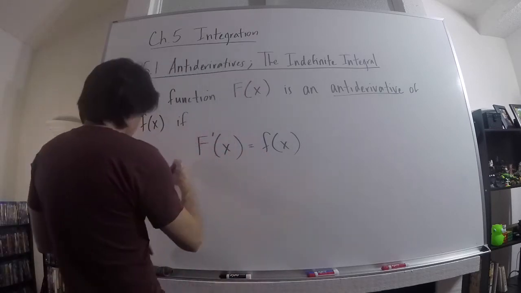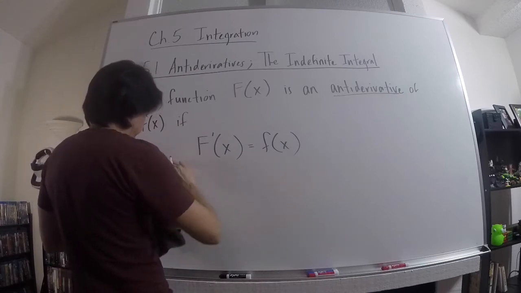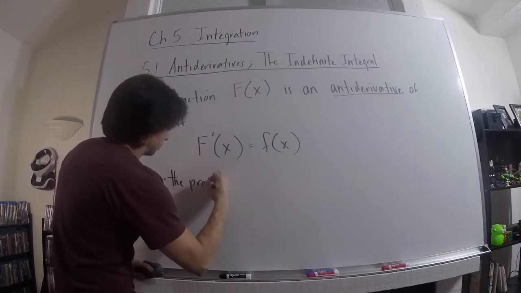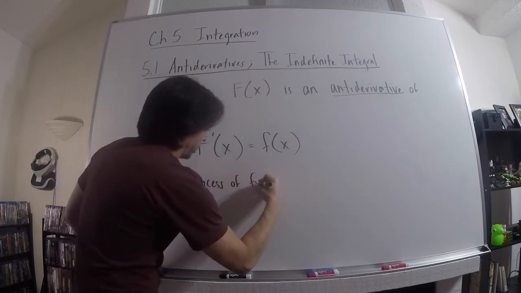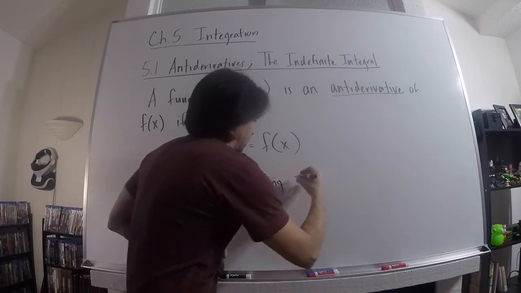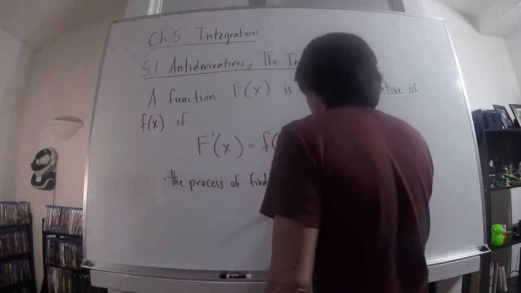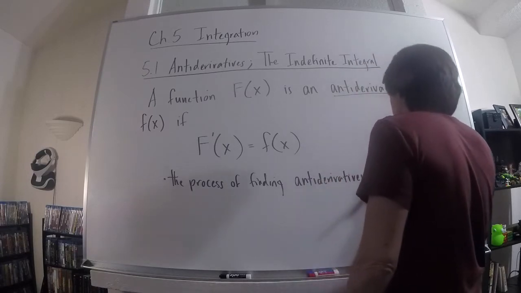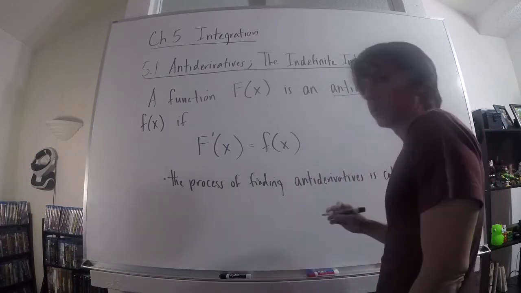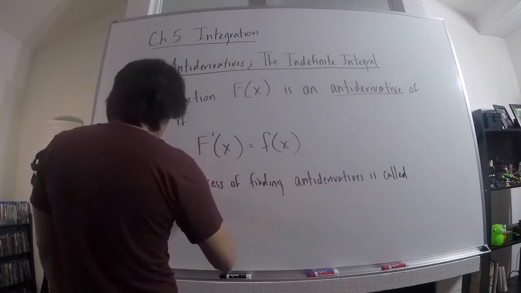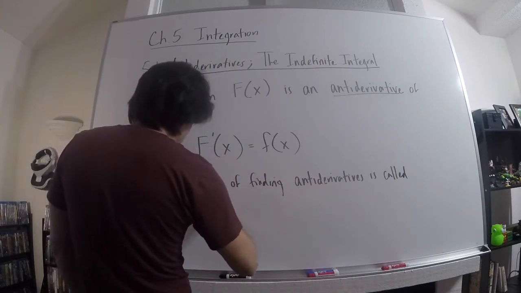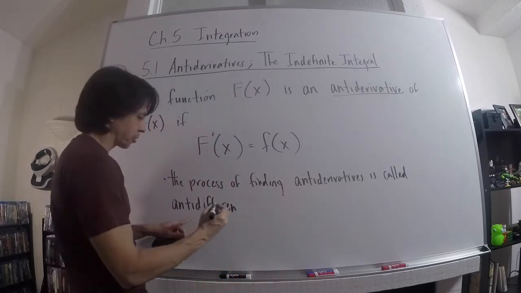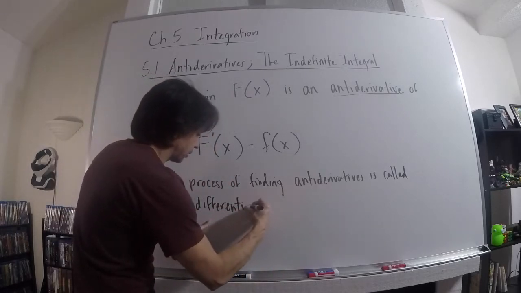The process of finding antiderivatives is called anti-differentiation. Differentiation, if you recall, is a term for finding a derivative. Finding the antiderivative is called anti-differentiating.